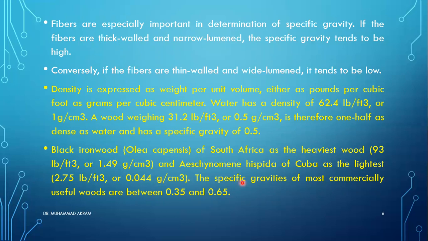The specific gravity of most commercially useful woods is between 0.35 and 0.65. These figures show the highest and lowest specific gravity of two types of plants, with 93 lb the highest and 2.75 lb the lowest.